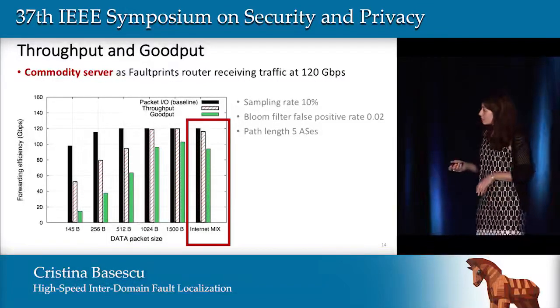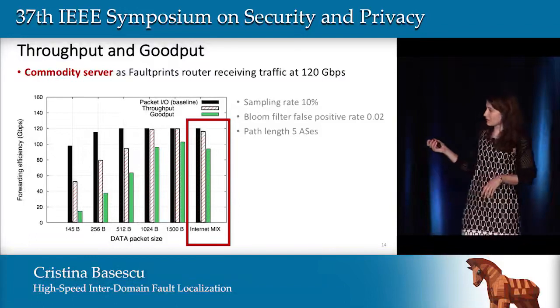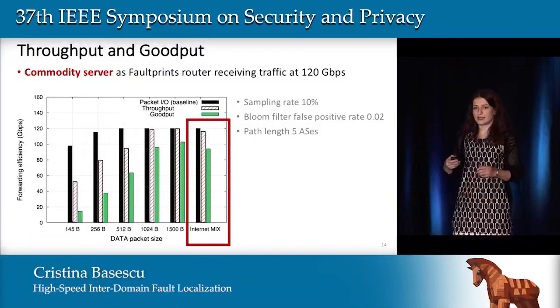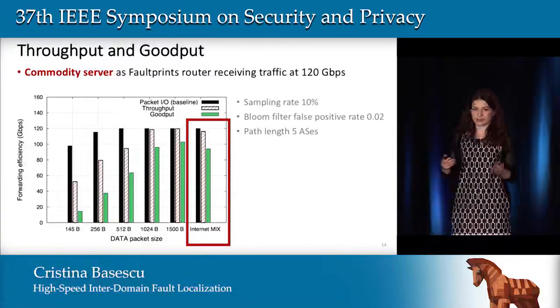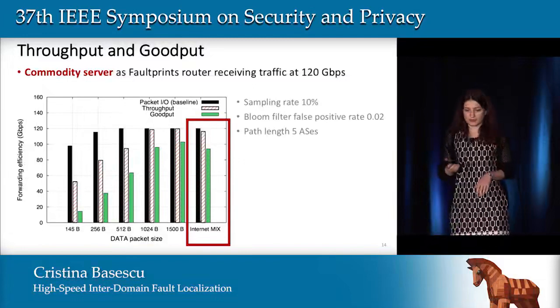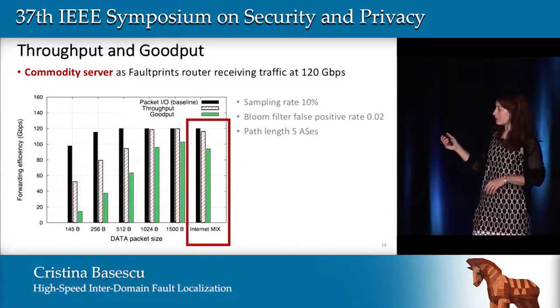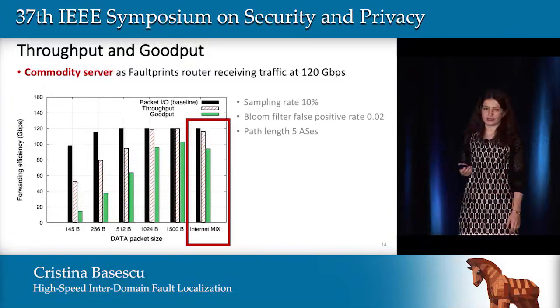Well, we've also looked at what happens when we send data packets whose size has the same distribution as the data packet size in the internet. And for such a traffic mix, the throughput is almost line rate, and the goodput is around 95 gigabits per second.